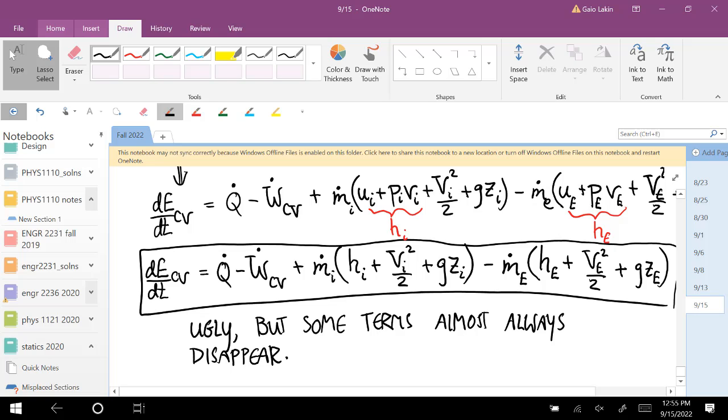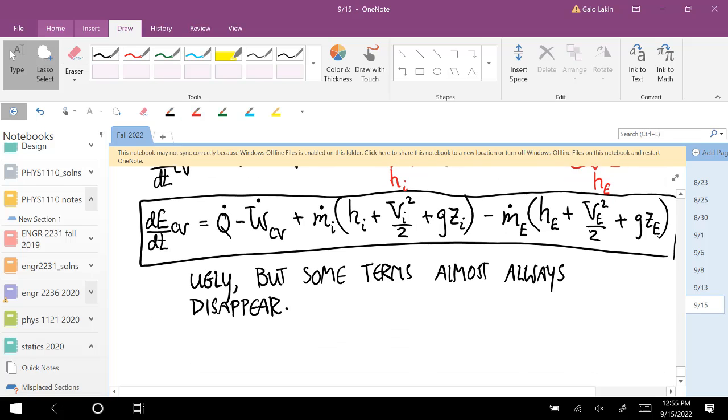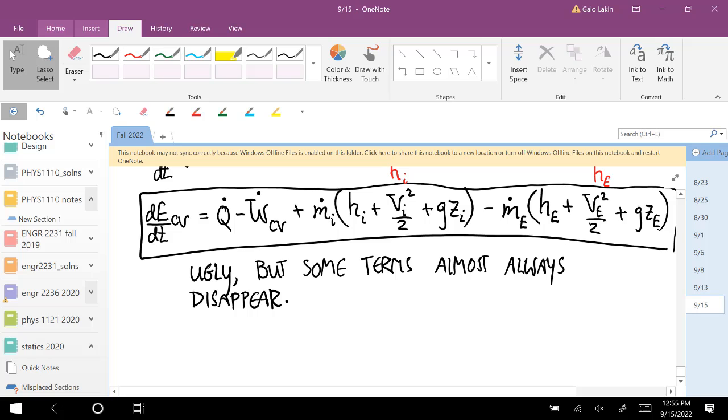Now I want to go through what things to look for so you can cancel the terms in this equation. Okay, so first of all, if it's steady state, then the rate of change of energy in the control volume is 0.